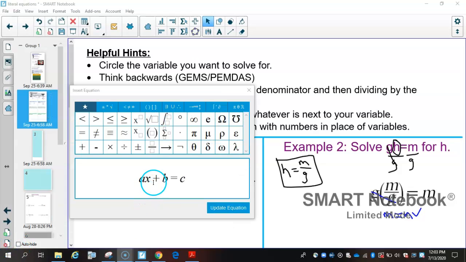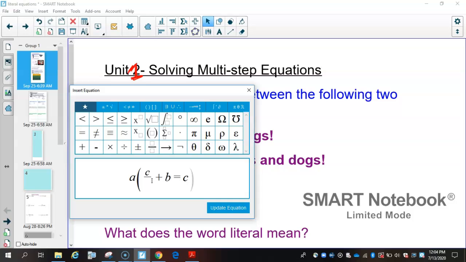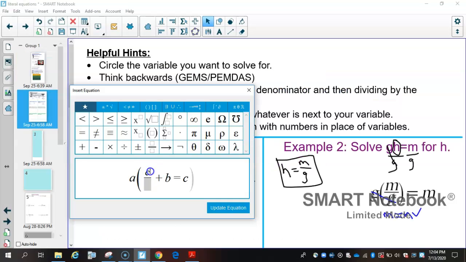Having issues with my computer today, but this was the original equation, and then instead of x, I'm going to put in what I solved for x, which was c minus b all over a.